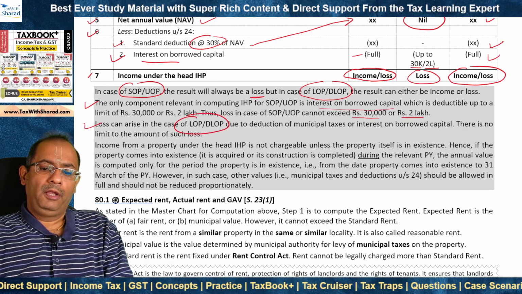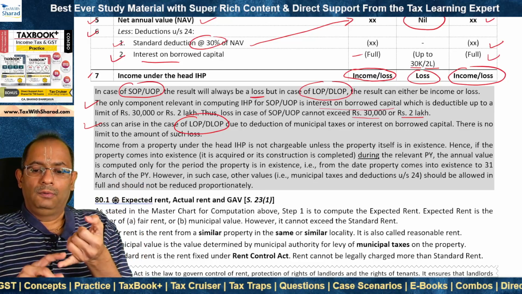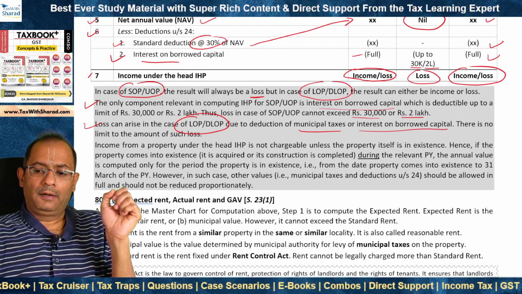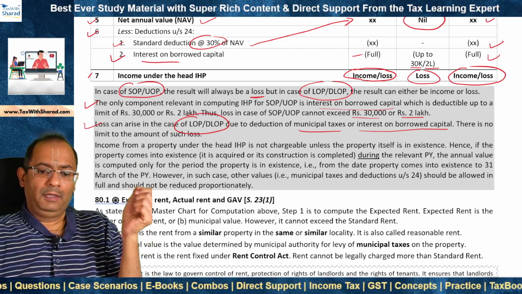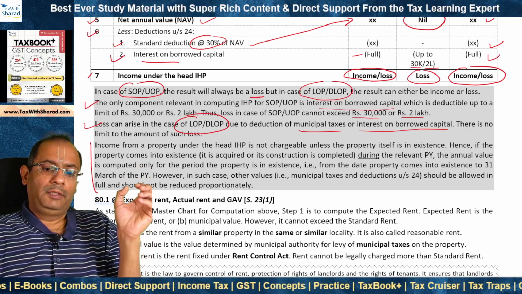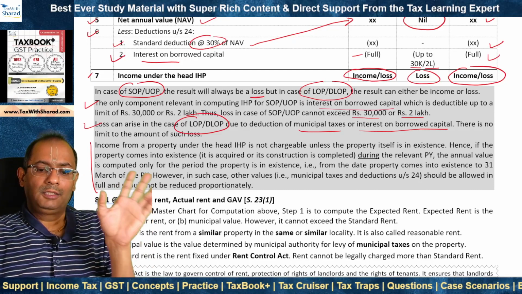But for a LOP or DLOP, the items that we deduct are on account of municipal taxes or interest on borrowed capital. Also the standard deduction, which is a percentage of NAV, and therefore there is no limit to the amount of loss.